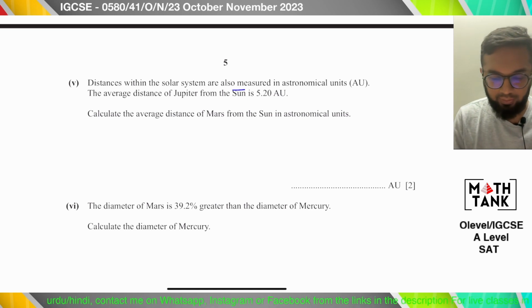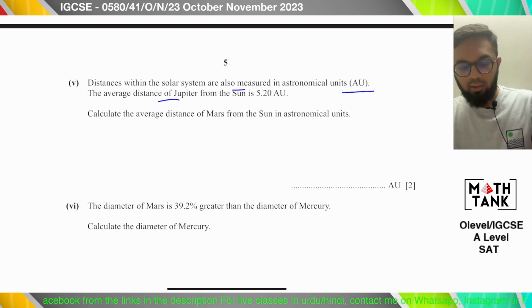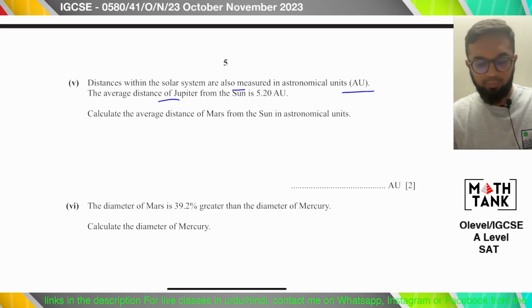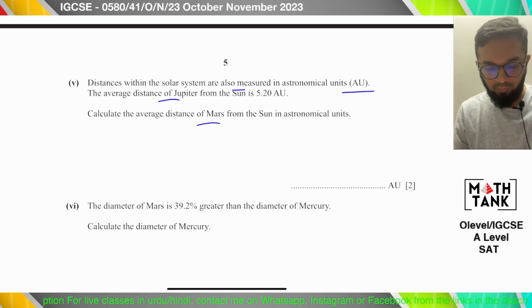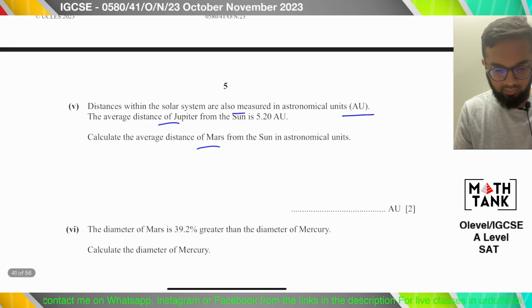Distances within the solar system are also measured in astronomical units. The average distance of Jupiter from the Sun is 5.20 astronomical units. Calculate the average distance of Mars from the Sun in astronomical units.